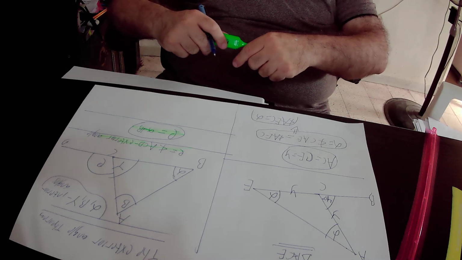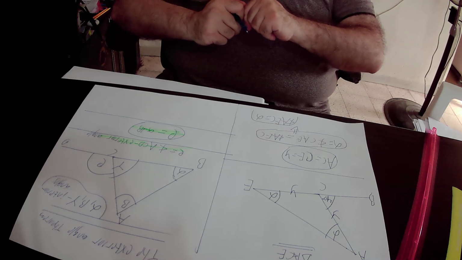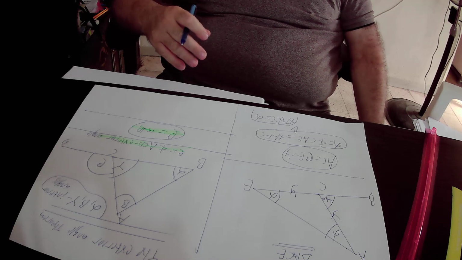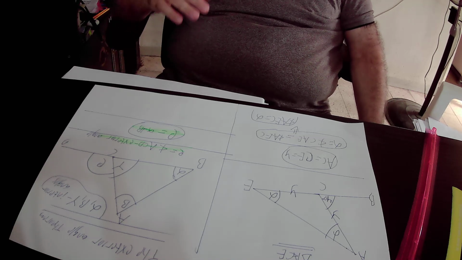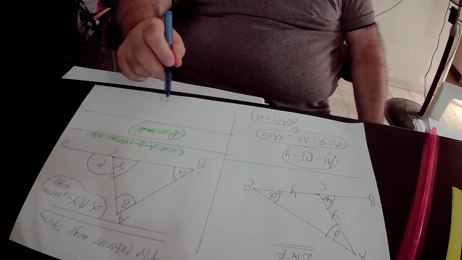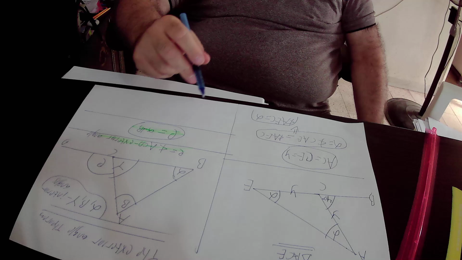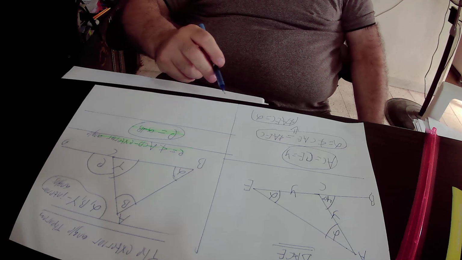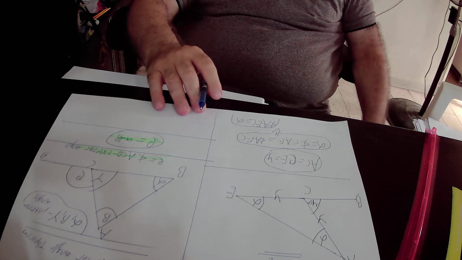Okay, and this is true in any triangle. The size of the exterior angle equals the sum of the two interior angles that are not adjacent to it. Okay, in this case, E equals alpha plus beta. We will implement the exterior angle theorem in our triangle ACE.